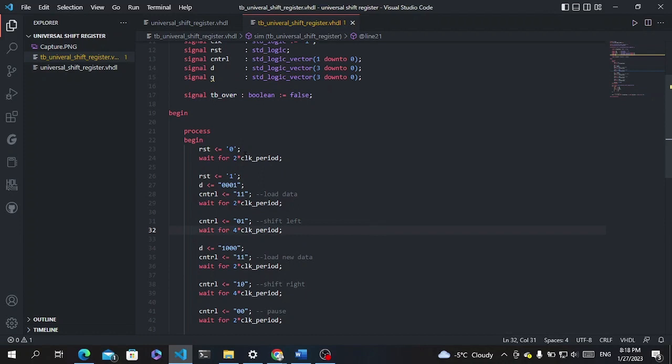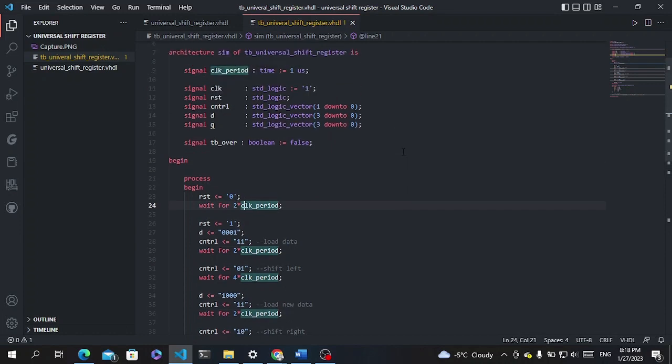So we are now going to run this in Xilinx, and let's see how the results will be.